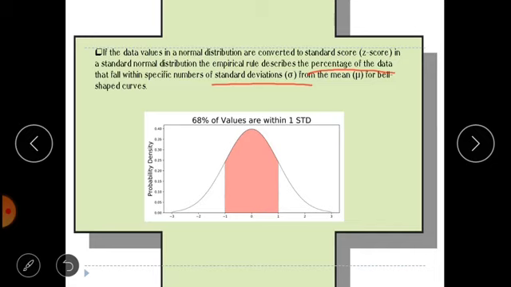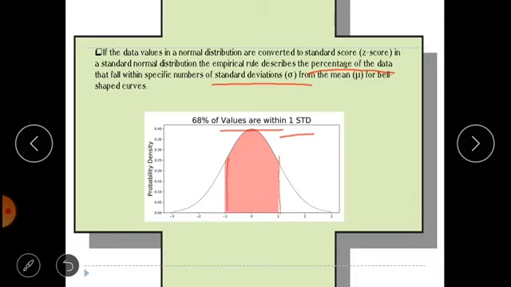Okay? So, yung 68% natin of the data falls within the first standard deviation from the mean. So, this is your mean and then this is your 68% value.